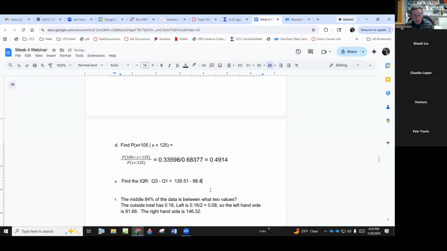And I'll just call it 0.49 just to make it easier. And then you just do the arithmetic, right? That's what, 31.02? Hopefully I did it right, I did it in my head. Any questions on that?